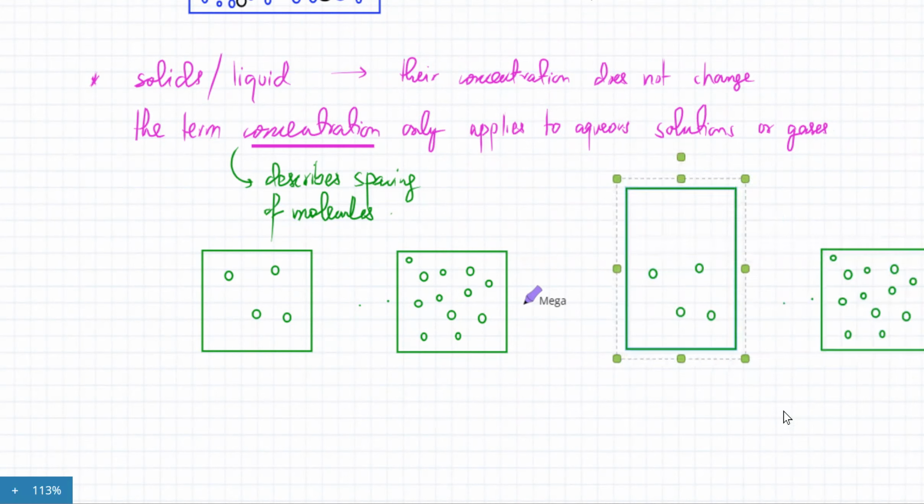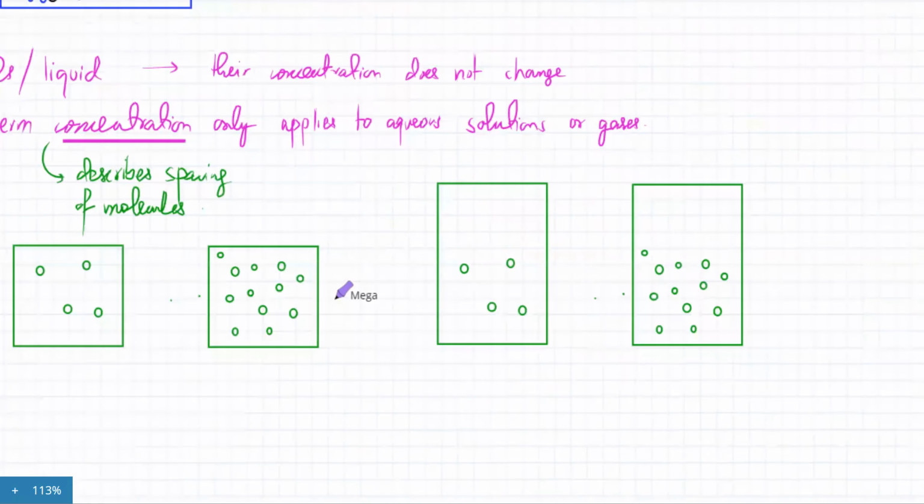So let's say we have this container and this other container, and both containers have particles dissolved in water. So the particles are close together, the particles are far apart. This one is dilute, this one is more concentrated.